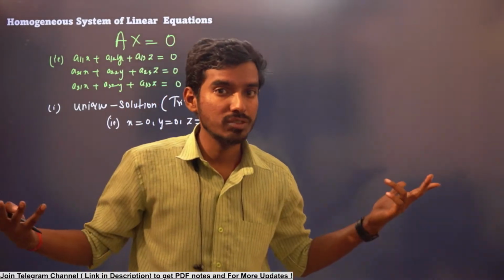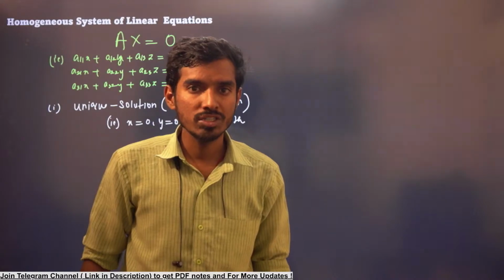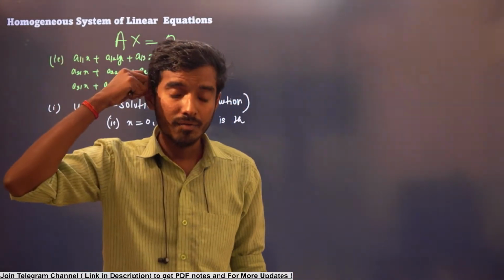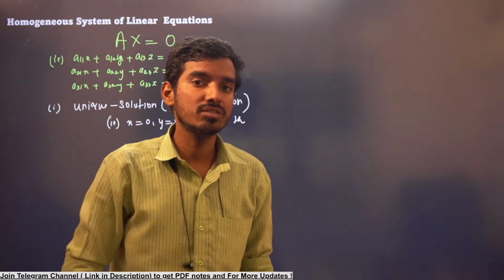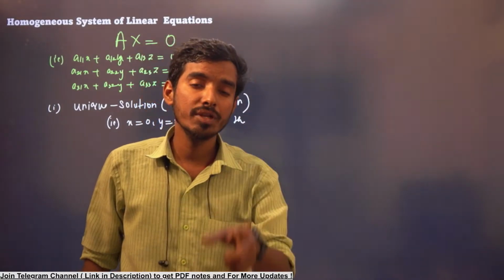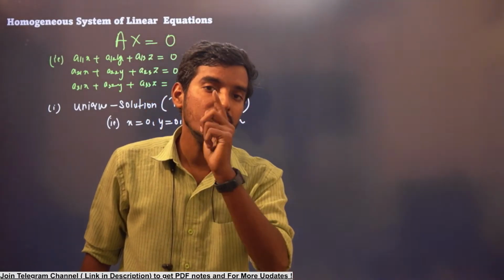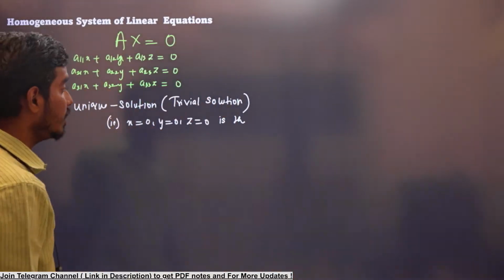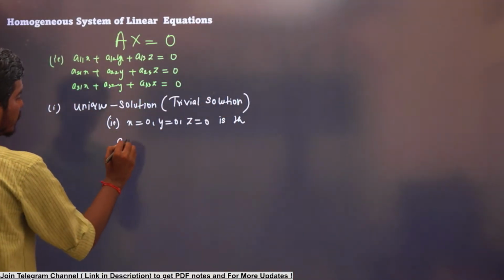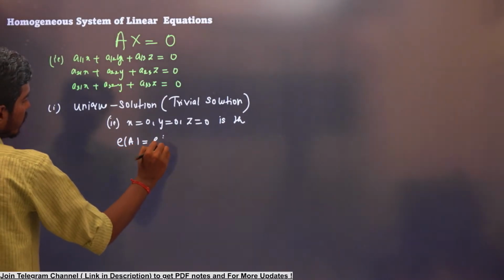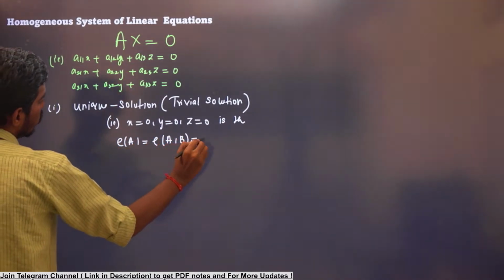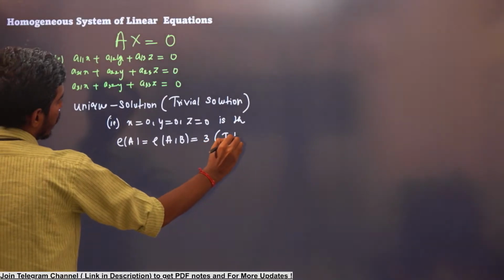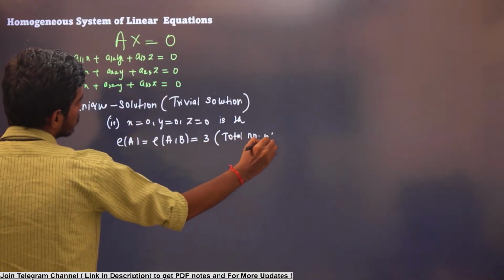But for non-homogeneous, we don't know. Whenever your system is homogeneous and you say unique solution, that means only one solution, and that solution has to be the zero solution, because it is also called the trivial solution. When this happens, the rank of A and the rank of A comma B are both equal to 3, that is, both have to be equal to the total number of variables.